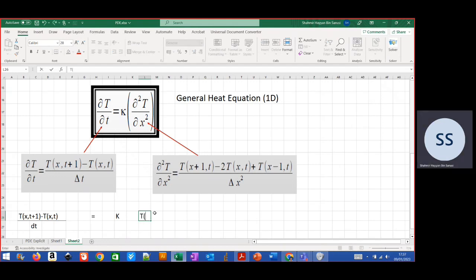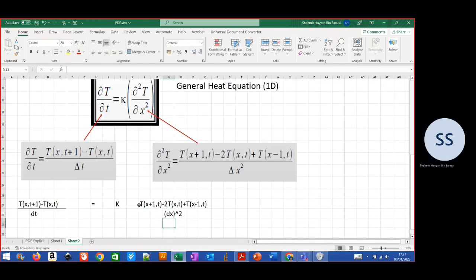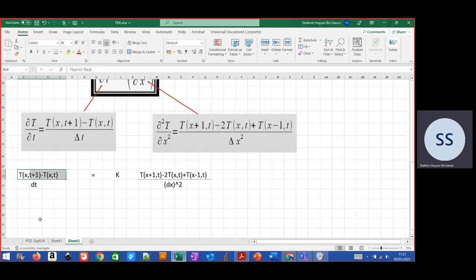So T(x+1, t) minus 2T(x, t) plus T(x-1, t), over delta x squared. Okay, so next, what do we do? Bring this to the right, so we'll just be left with this.